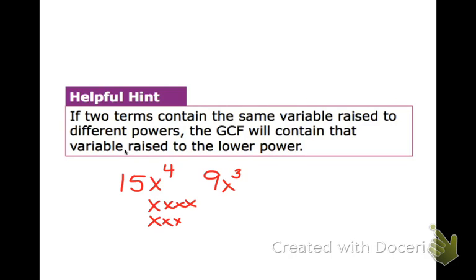So then I would have 3 x's in common. If it was 6 and 2, the exponent on my GCF would be x to the second, right? Because I would only have 2 matches up. It's a nice way to think about it. Oh, so the lower exponent. So your smallest exponent will always be the power of your GCF.